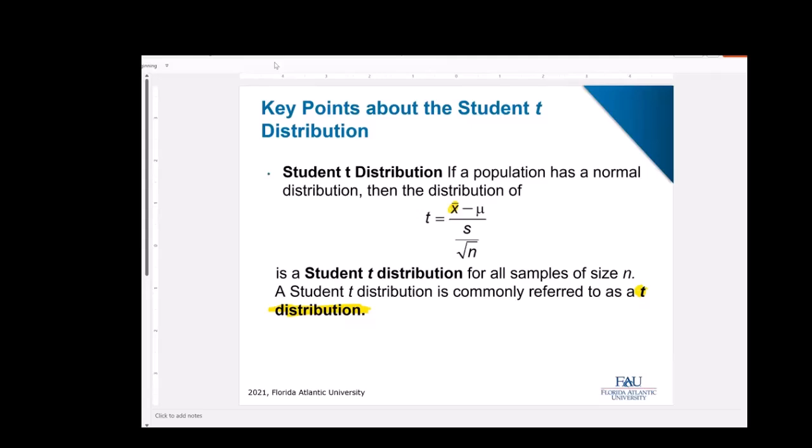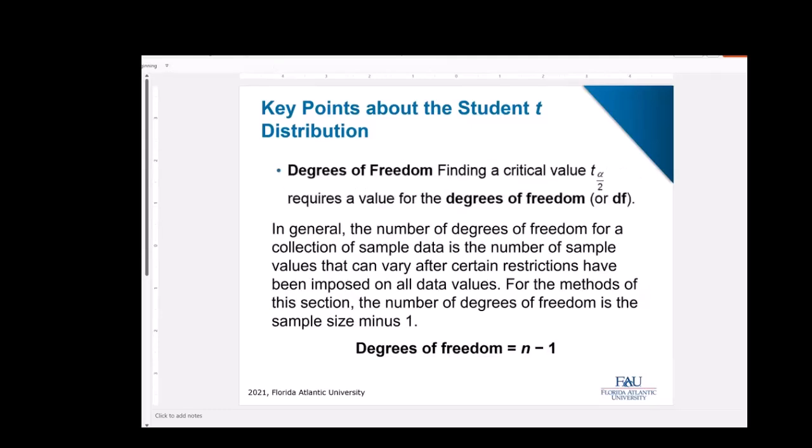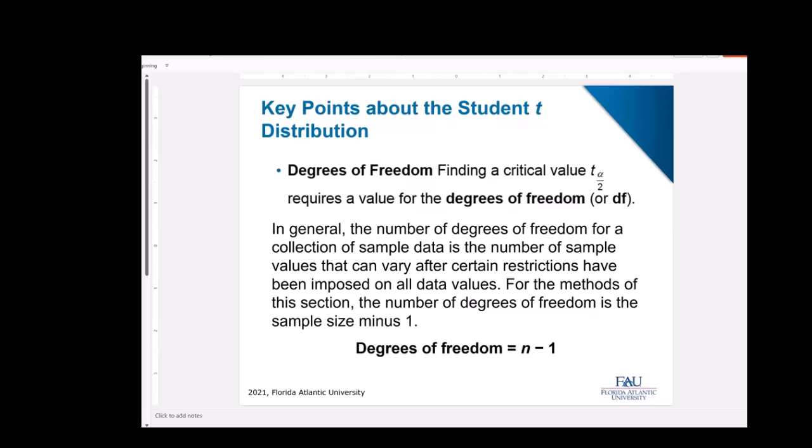We don't have sigma for the population, so we use s for the sample divided by the square root of n. Again, we're not going to use these, but this is how things are calculated. Degrees of freedom. Finding a critical value, t sub alpha over 2, requires a value for the degrees of freedom.